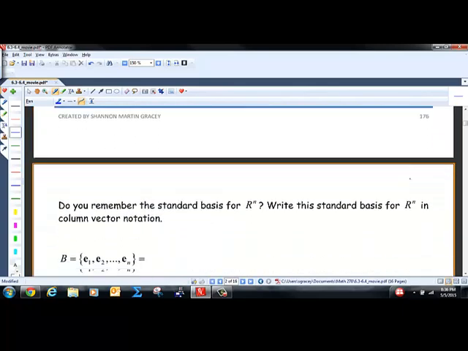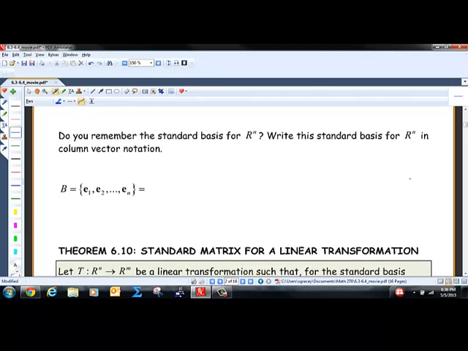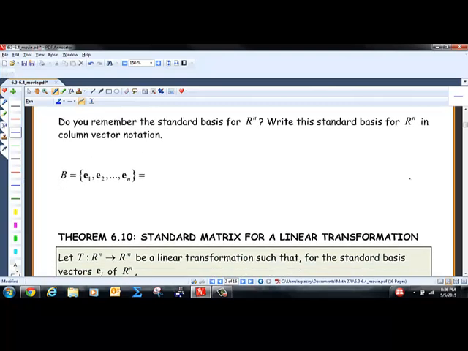So, do you remember what the standard basis for Rn is? Come on, I know you can do it. Let's write it down in column vector notation. This is equal to the set of these column vectors. The first one is 1, 0, 0, dot, dot, dot, all the way down zeros.